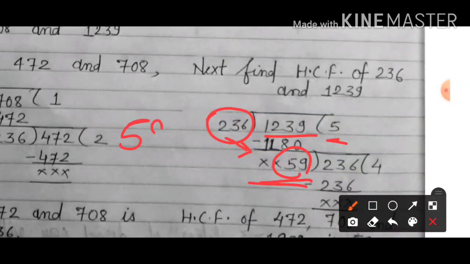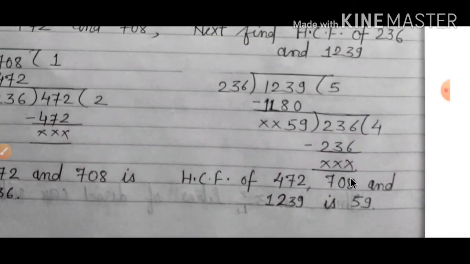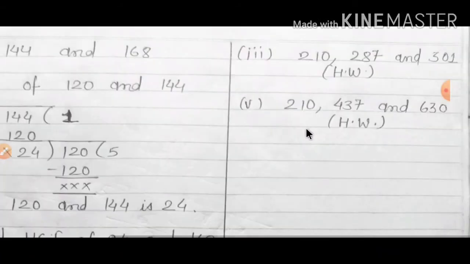And if we take 59 4s, the answer will be 236. It means here the remainder is 0. So 59 4s are 236, and if we minus 236 from 236, the answer gets 0. It means the last remainder, so this one is our HCF. So the HCF of 472, 708 and 1239 is 59.